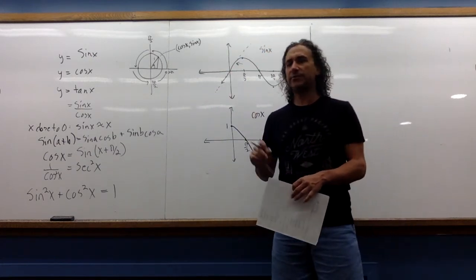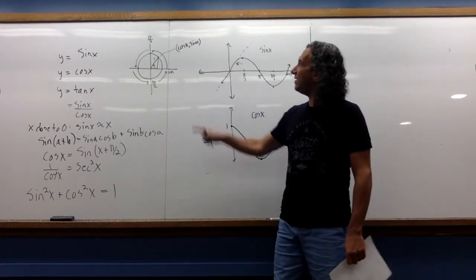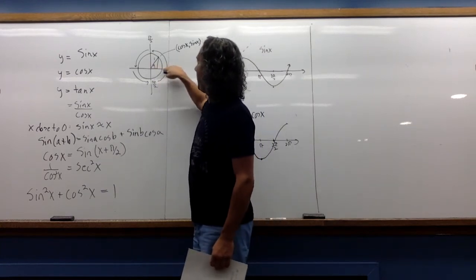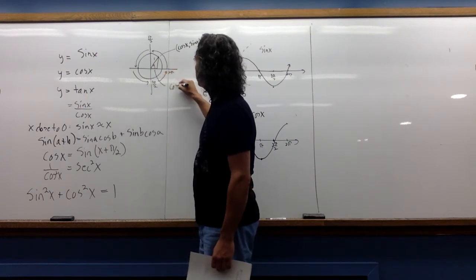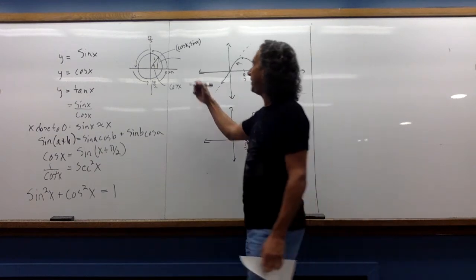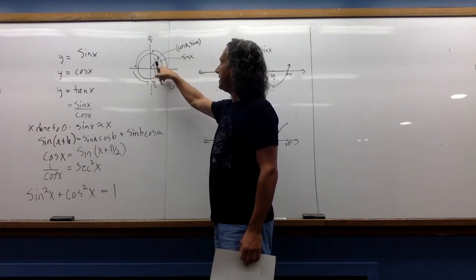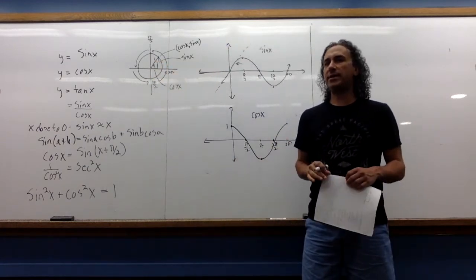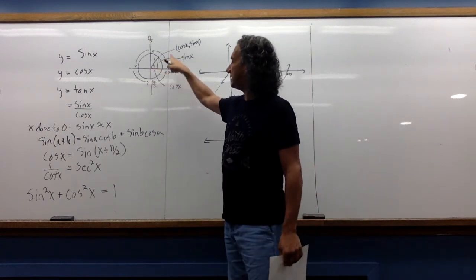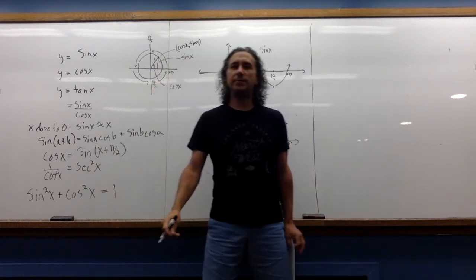So I'm moving x radians. This point is cosine of x comma sine of x. Well, if that's true, then I guess this length, which is the x direction, should be cosine of x. This length, which is the y direction, should be sine of x. Cosine of x is this length, sine of x is this length, 1 is that length. What dead Greek comes to mind? Hopefully you said Pythagoras. Cosine squared plus sine squared should be 1 squared by the Pythagorean theorem. Boom. So I guess sine squared plus cos squared is 1.